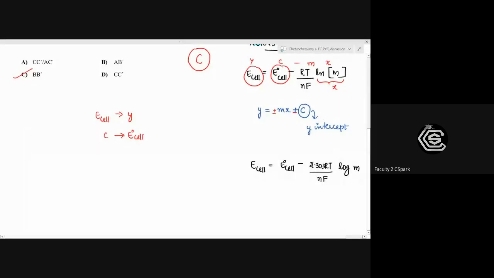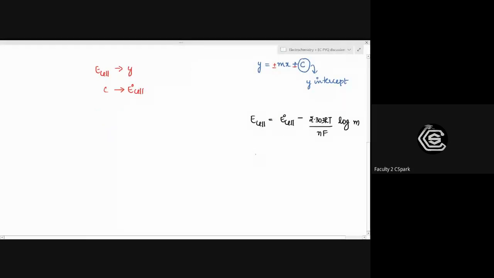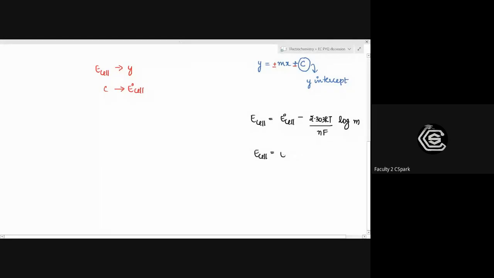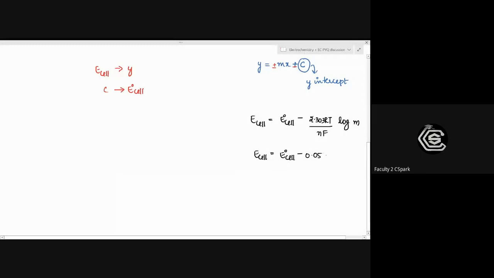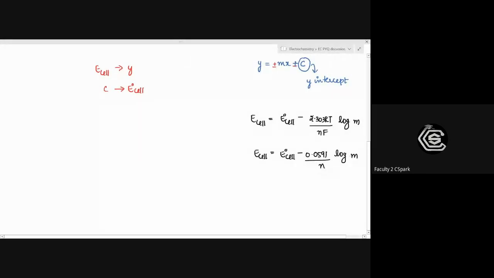This is just the extension of this equation. Now you can further shorten this equation like this. E cell is equal to E naught cell minus 0.0591 by n log m. Now these are all the expressions for the very same Nernst equation.